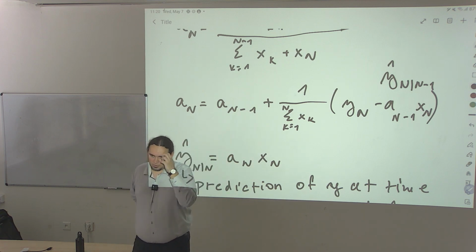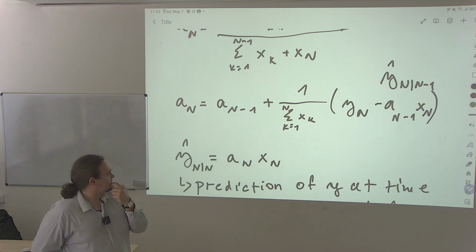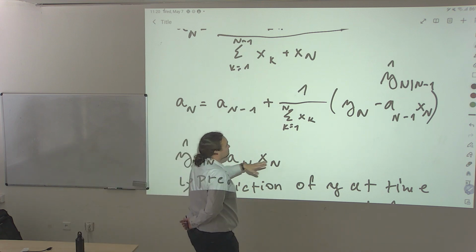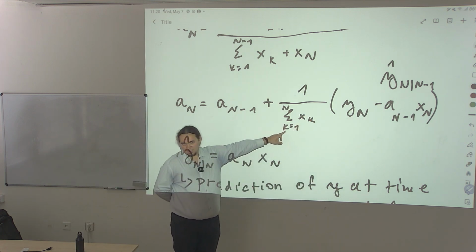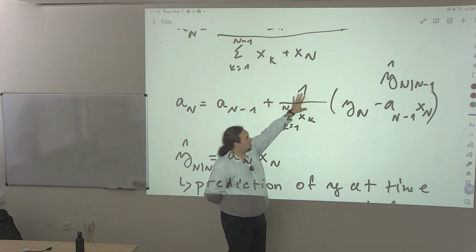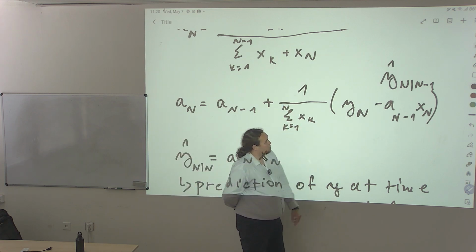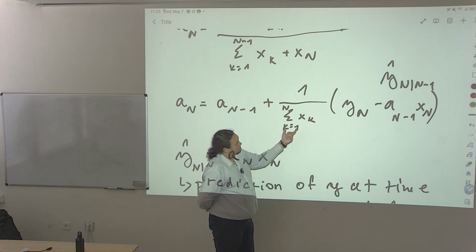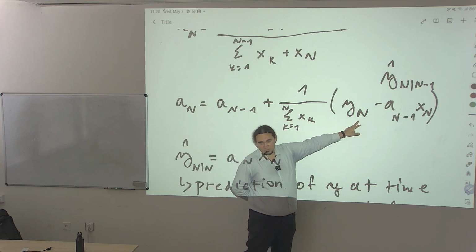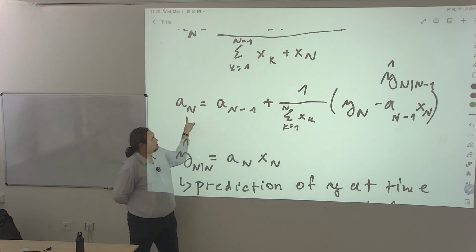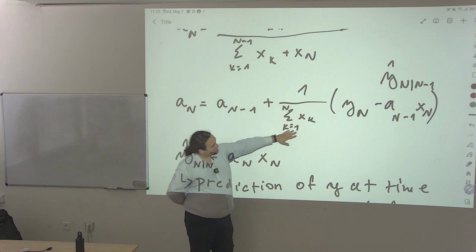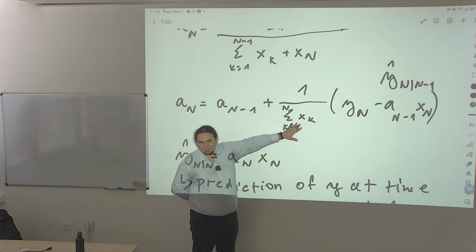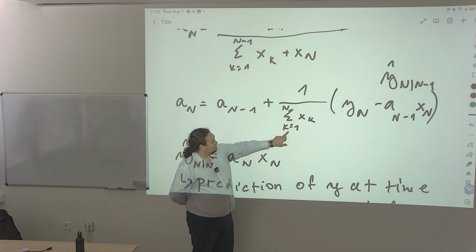Like before, what have we studied? Basically, we have our prediction error, and we have some gain. This is how much we are going to trust our measurement in updating our value of the parameter. But this time it doesn't seem to be our choice.